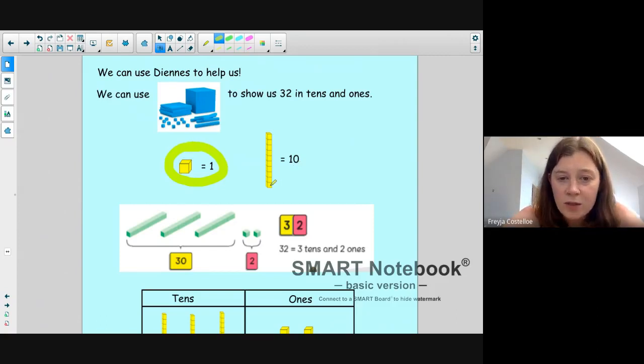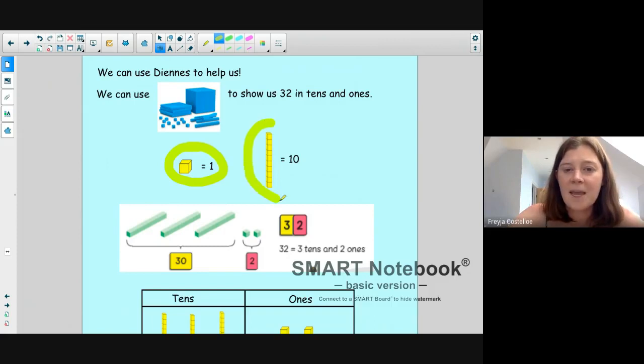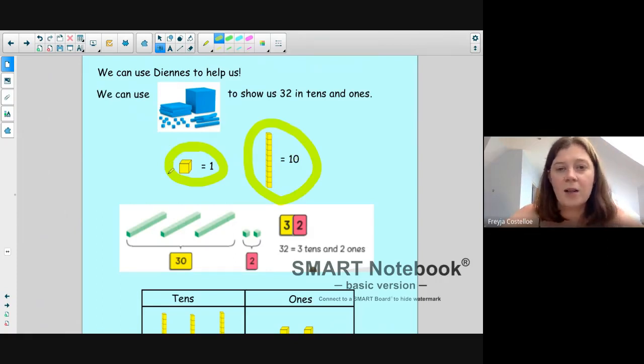And I have got here my stick of 10. You remember we got these in the classroom? So that's 1, 2, 3, 4, 5, 6, 7, 8, 9, 10. 10 of those little cubes all glued together to make one big stick, okay? So this is one group of 10 and this is one little cube.